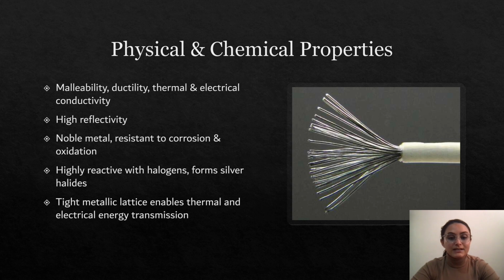The tightly packed arrangement of its atoms in a metallic lattice and the metallic bonds that hold these atoms together enable the transmission of both thermal and electrical energy, contributing to its malleability, ductility, and conductivity. The high reflectivity of silver is due to its loosely held outermost electrons, which can be easily excited by incoming photons of light and re-emit the photons, resulting in reflection of light.